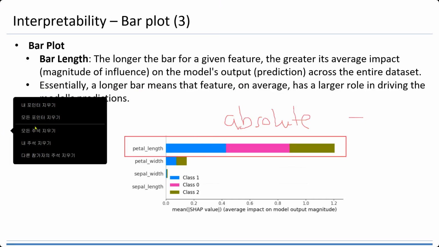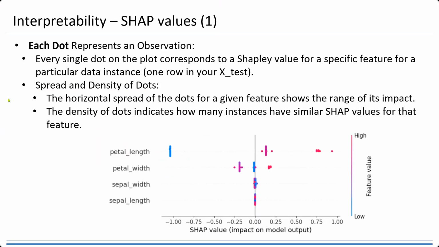So in this one, you can see some of them are negative and some of them are positive. Using the dots, you can have negative and positive. But using the bar plot, previously, we put everything, including the negative, into the positive. So we can see the magnitude.